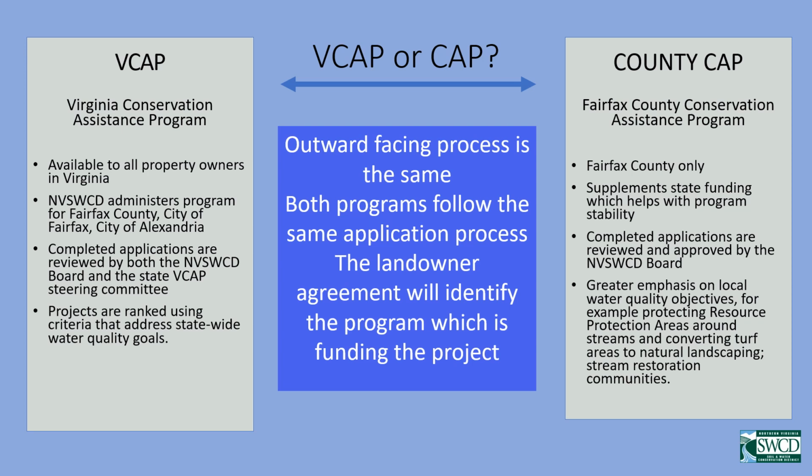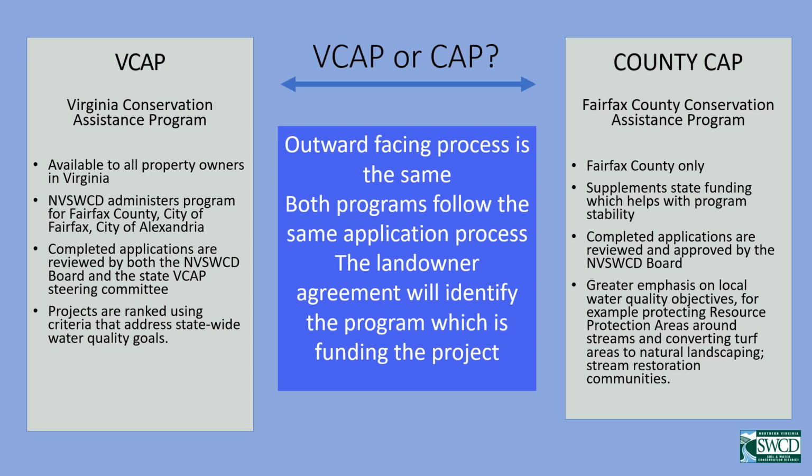And then we also do try to address more specific local objectives, for example, protecting resource protection areas around streams, converting turf areas to natural landscaping, and focusing on particular communities that are experiencing unusual duress of stormwater or stream restoration projects.